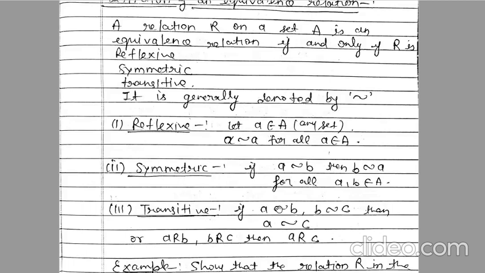Transitive means you need three elements here: a, b, c, which belong to set A. If a is related to b and b is related to c, then a is related to c. That means if the first is related to the second, and the second to the third, then the first is related to the third. Here R is the relation.